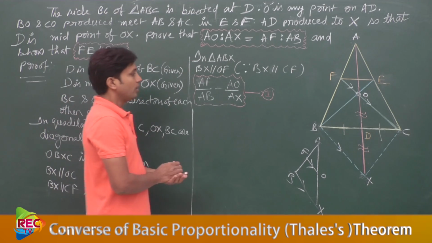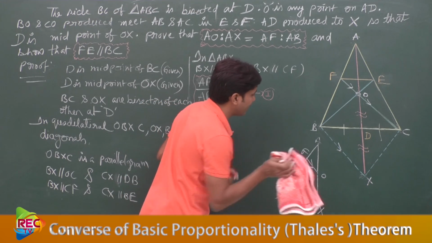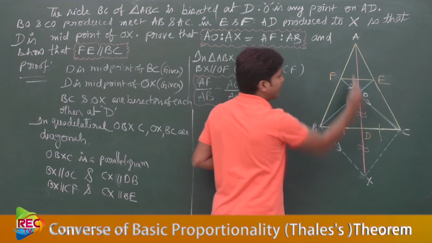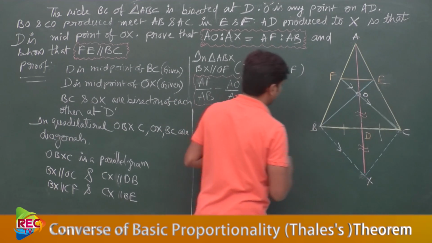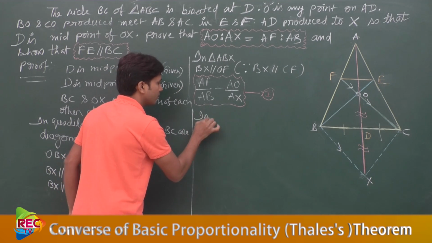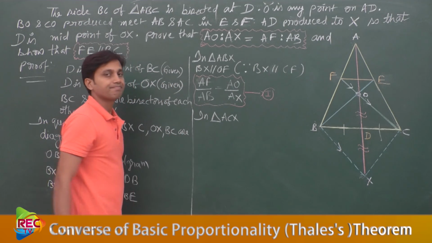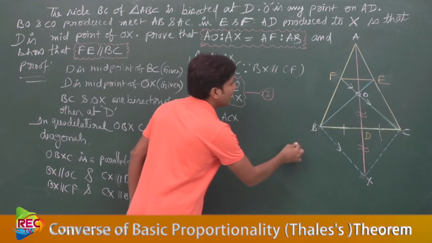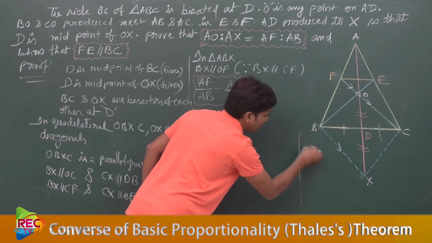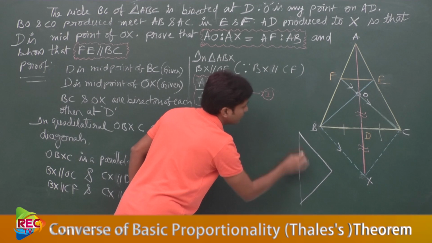Let us move on. Now consider this second triangle. What is that second triangle over there? Just see. On the other side of AD, the triangle would be ACX. In triangle ACX, if you are confused there, let me draw that diagram also separately. See this.